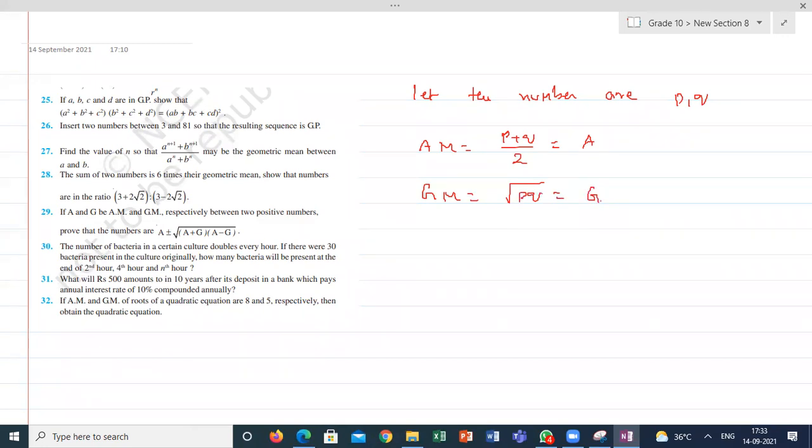He's asking that either P or Q is A plus or minus root of A plus G into A minus G. We have to find the values of P comma Q in terms of A and G. So there are two conditions, two variables. P plus Q is equal to 2A and PQ is equal to G square.